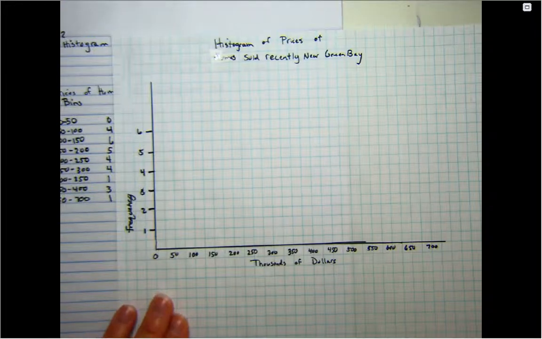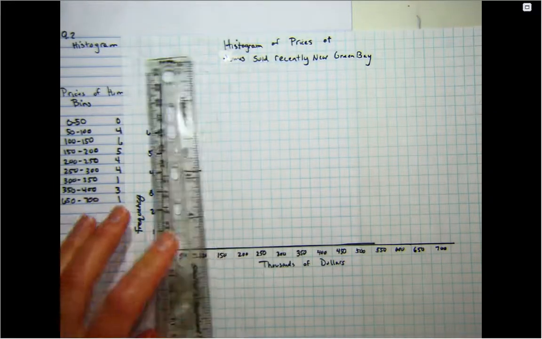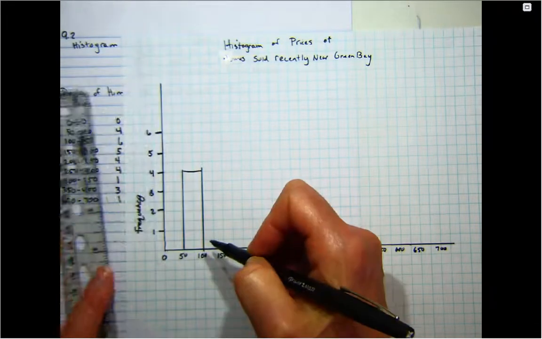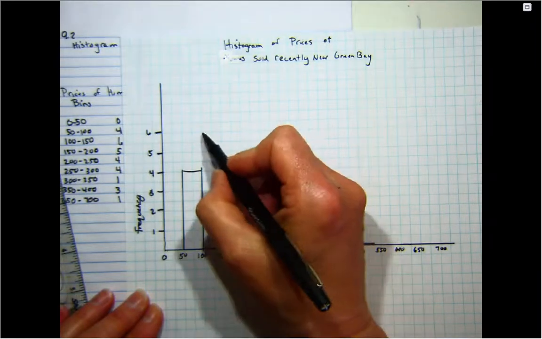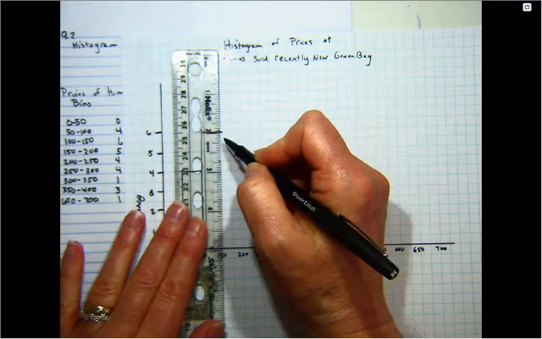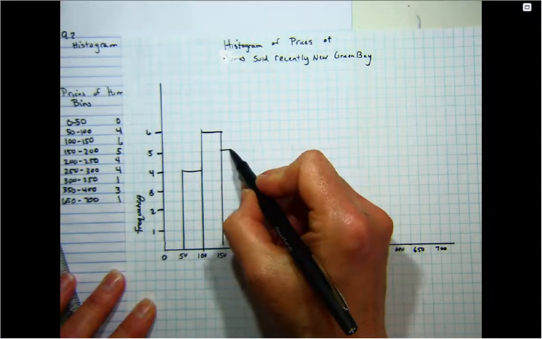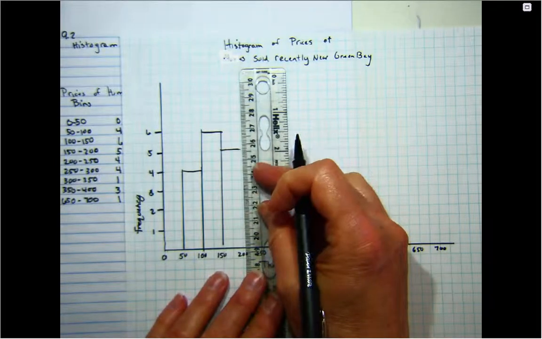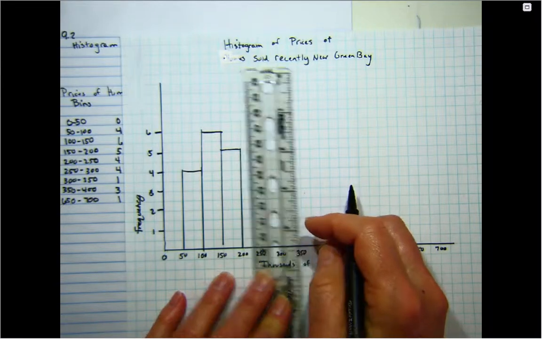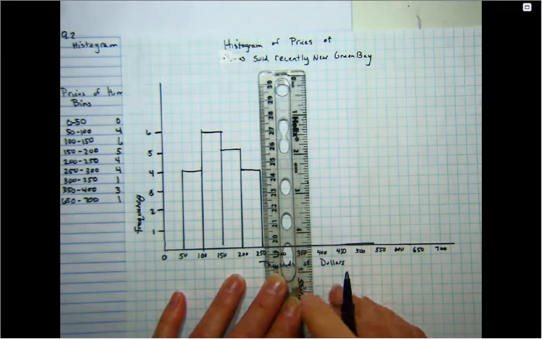Here we go. 0 to 50 was 0. 50 to 100 was 4. 100 to 150, 6. 150 to 200, 5. 200 to 250, 4. 250 to 300, 4.